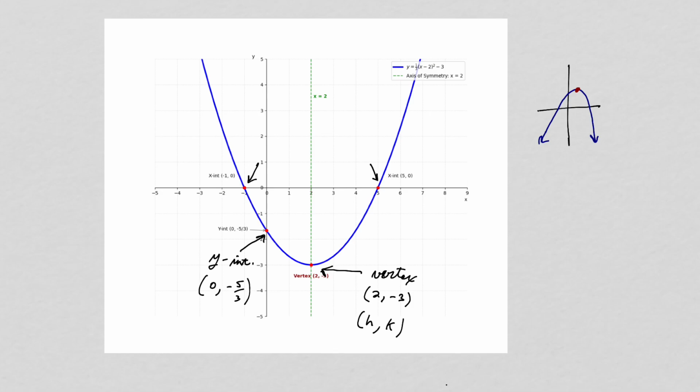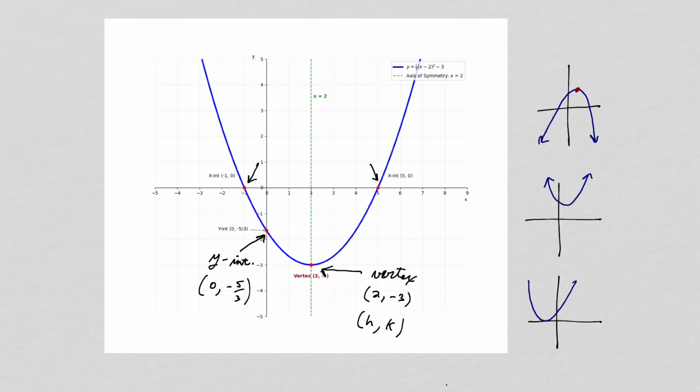But depending on the parabola, let's say we have a parabola that looks like this. In this case, since the graph never crosses the x-axis, there are no x-intercepts. Right? Or we could have a case like this, where the graph just touches the x-axis.